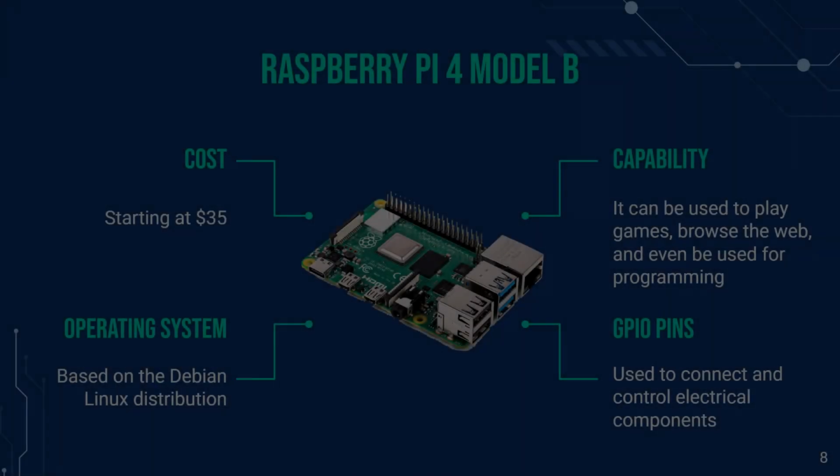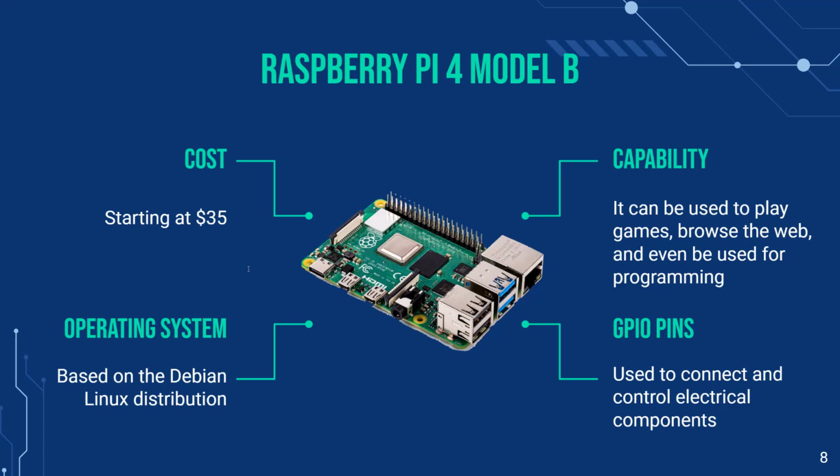Okay, so a little bit about our processors. The first one we're going to talk about is our Raspberry Pi. This is a low-cost computer, starting around $35 depending on which model you're looking at, going up to around $100.